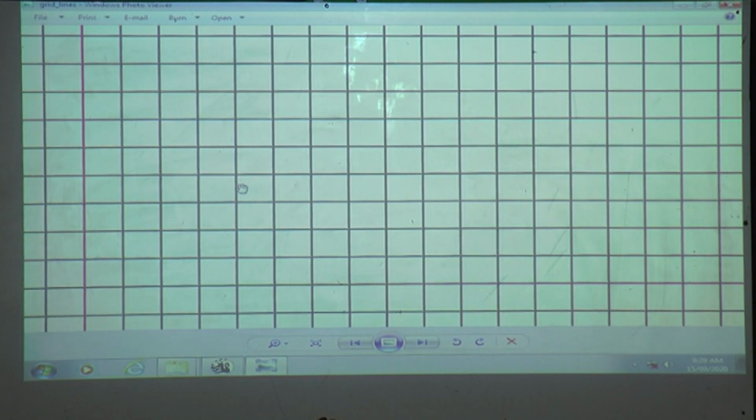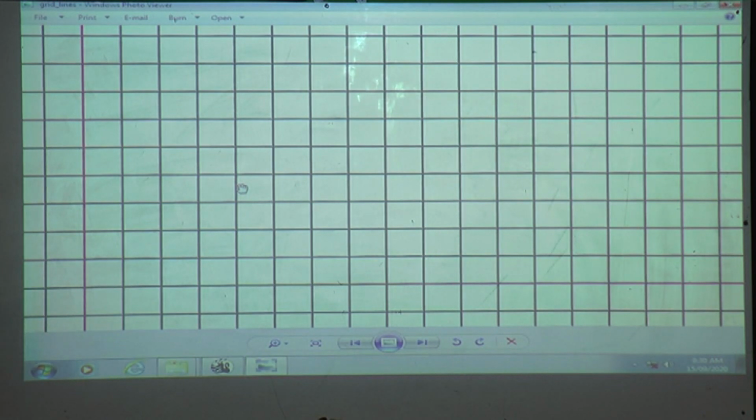Now we will move to the next example, that is the fourth one. Read the question from the textbook. Fourth one, a fruit seller packs 992 fruits equally in 8 boxes. How many fruits are there in each box? See what they have given us. A fruit seller packs 992 fruits equally in 8 boxes.